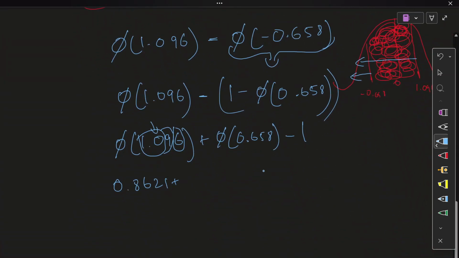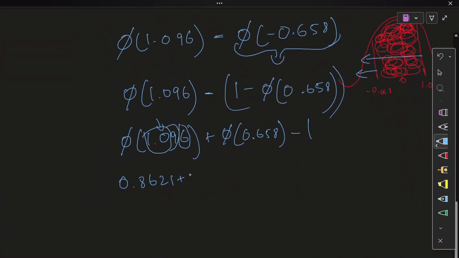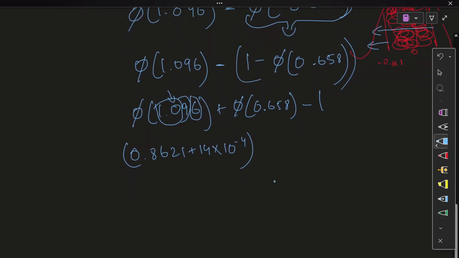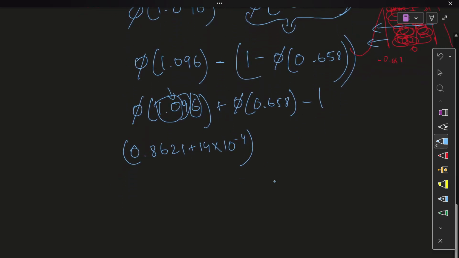Add value is added to your main value, and it is already in standard form, which is 14 into 10 to the power minus 4. So please do not forget this exponential here. If you do, then you're screwed because you will lose marks. See, add values are already in this notation. They're just values written there, but they need to be multiplied by 10 to the power minus 4.